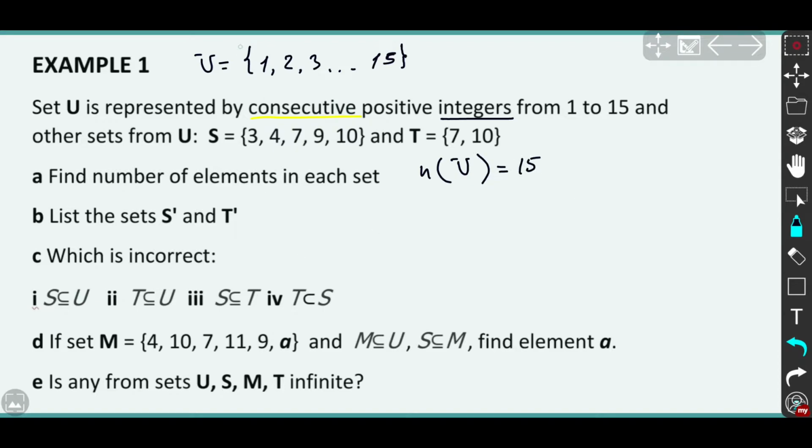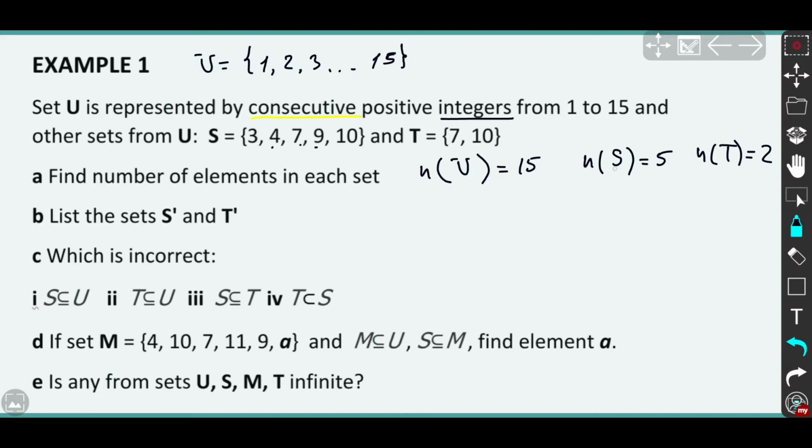All right, so what about set S? 1, 2, 3, 4, 5. So the number of elements in set S is going to be 5. And the number of elements in T is going to be just 2. So S and T are actually subsets of set U. If you put this onto a Venn diagram, you can see a rectangle representing the universe.